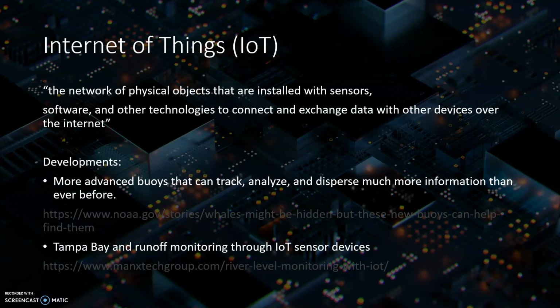So, some ways that we can implement Internet of Things with red tide to look at this problem. We have more advancements with buoys that can track, analyze, and disperse more information than ever before. We have ways to put sensors on these buoys that can sample the water and see how potent red tide would be in it.